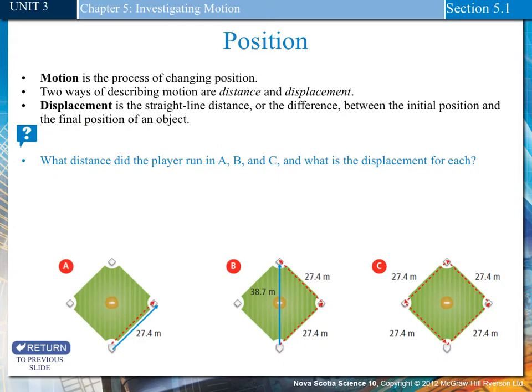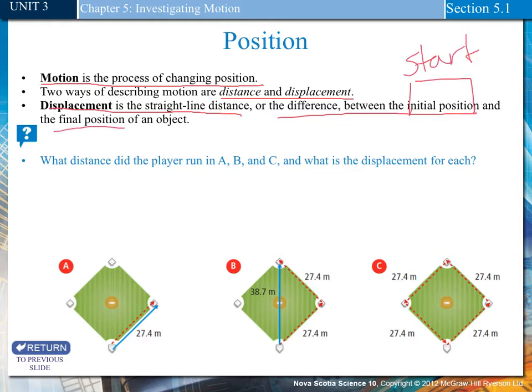Position. Motion is a process of changing position. 2 ways of describing motion are distance and displacement. Displacement is the straight line distance, or the difference between the initial, your start, and your final, your finish, of an object.